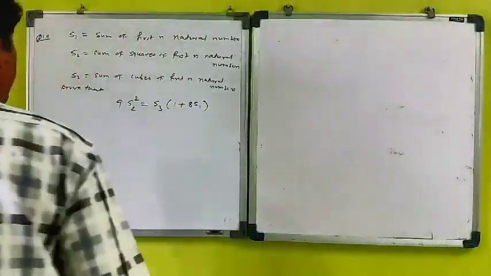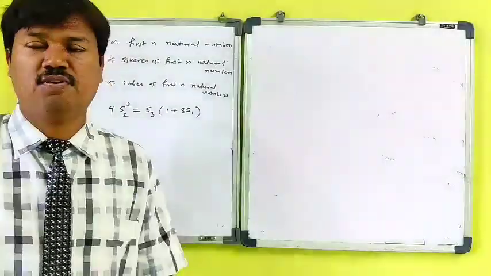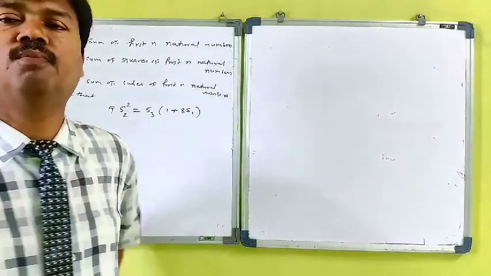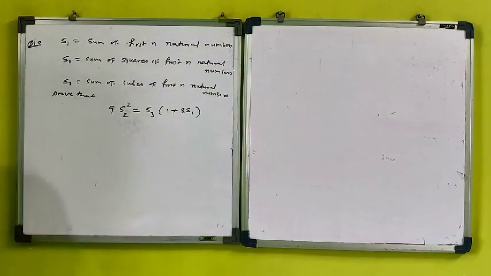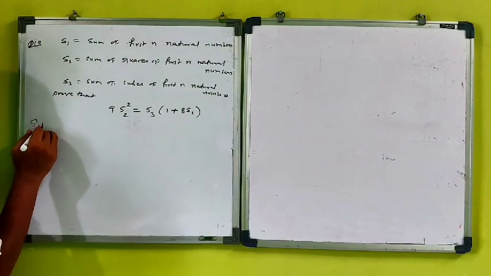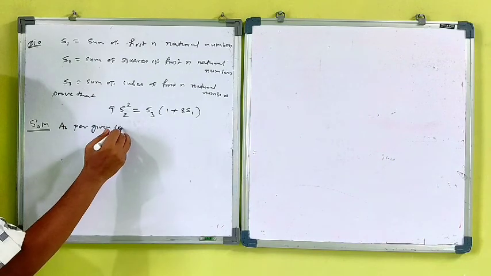Yes, so one more question. So this is prove that sum. S1 is the sum of first n natural numbers, S2 is the sum of the squares, and S3 is the sum of the cubes. So we know the solution as per the given condition.